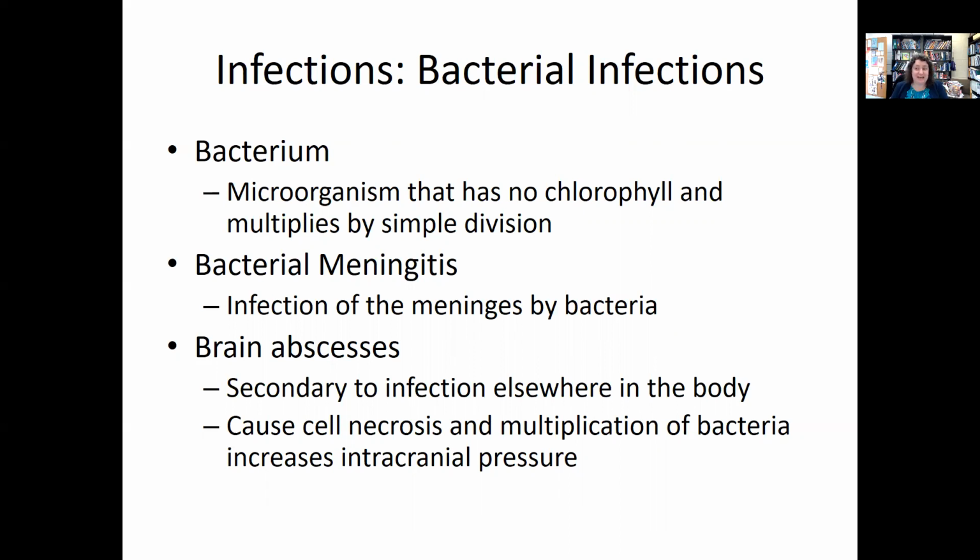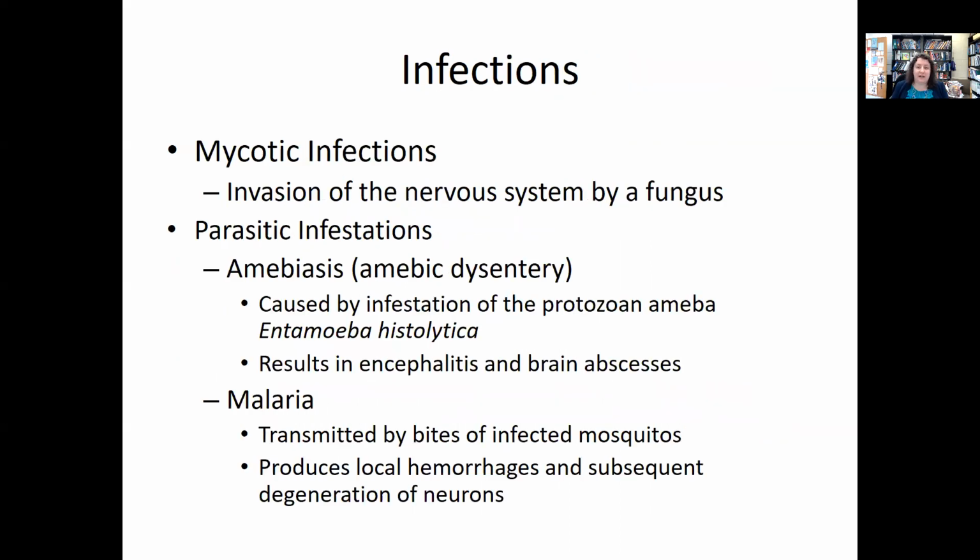Basically cells die off and the bacteria just replicate, and that puts pressure on your skull. You can also have mycotic infections, which are invasion of the nervous system by a fungus, also not great, as you can imagine. You can have parasitic infections and infestations in your brain as well.